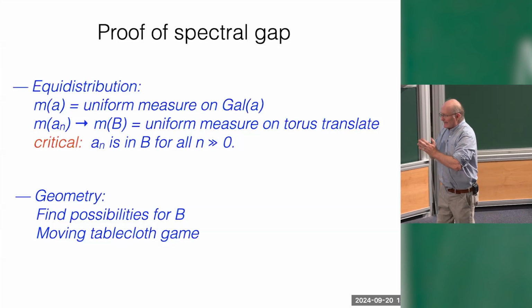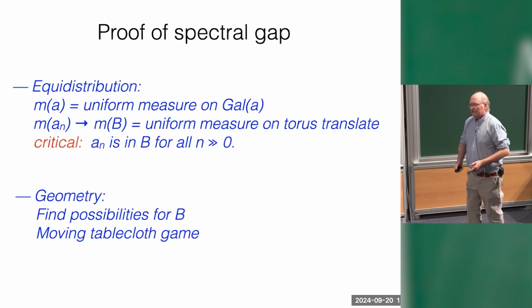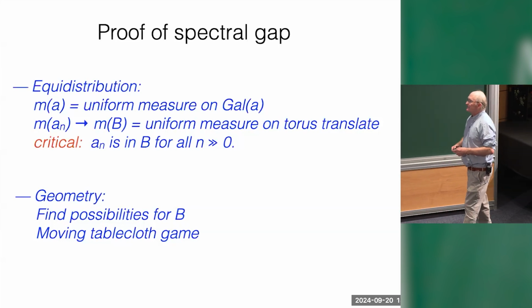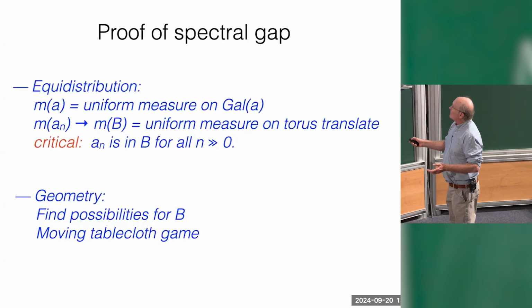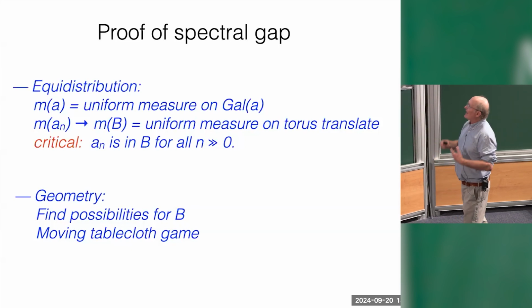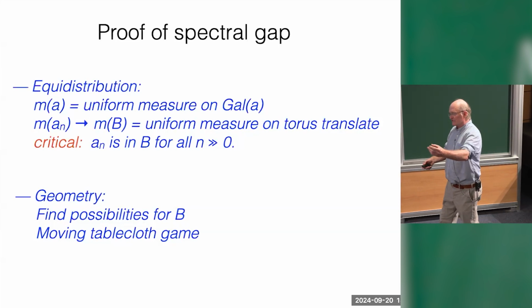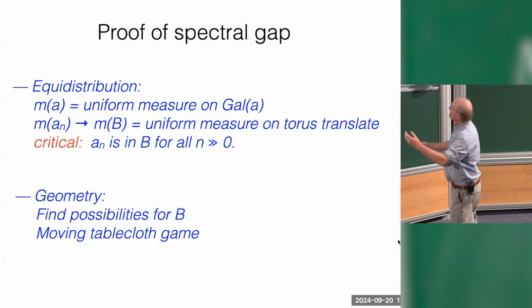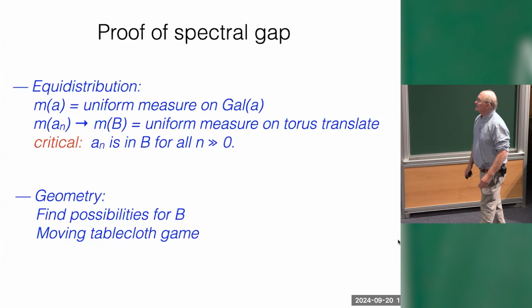And that's an abstract theorem that applies very generally, but in this situation, to give a really concrete analysis and to prove this spectral gap, you have to figure out what are the possible exceptional tori that arise. Most sequences will uniformly distribute, but if they don't, they'll give you some torus. And what torus is this?